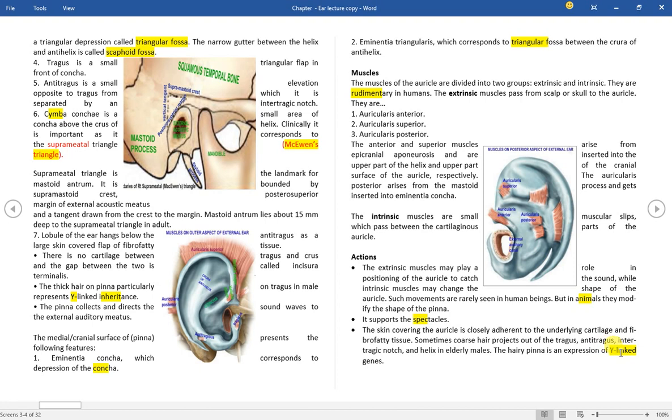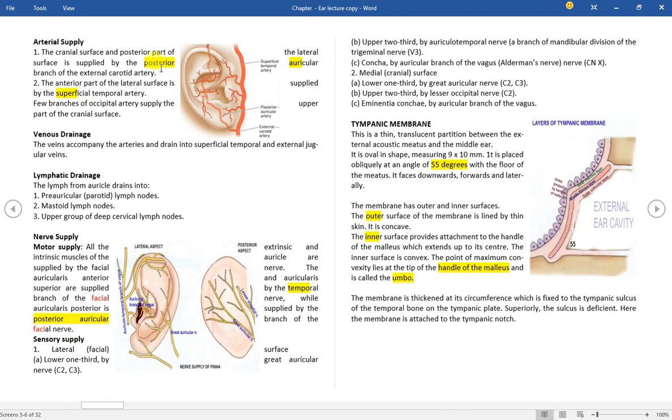Because it is Y-linked, it is transmitted only from male to male and it is never transmitted in females. So only males in their later age, old age, will exhibit this hair growth on the border of the pinna. That is Y-linked inheritance.